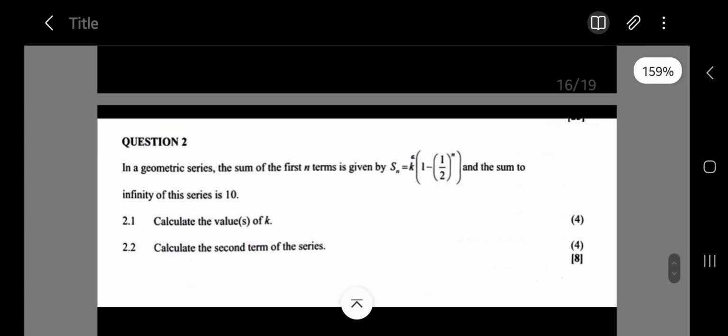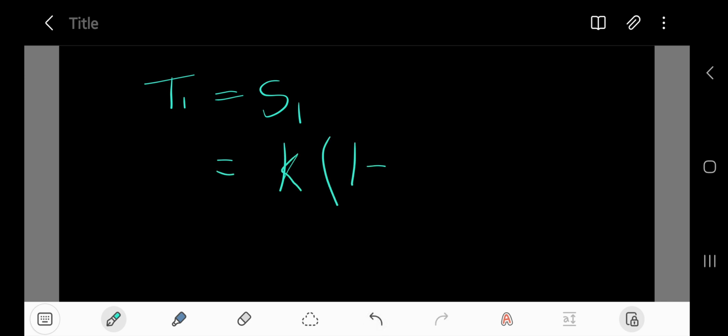Let's find the first term. Term 1 of this pattern is equal to the sum of the first term, which is S1. That equals k into 1 minus 1 over 2 all to the power n.